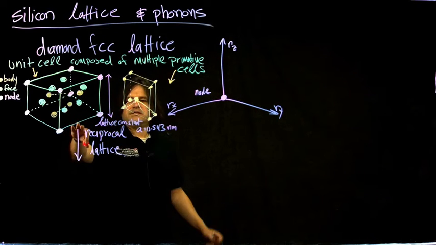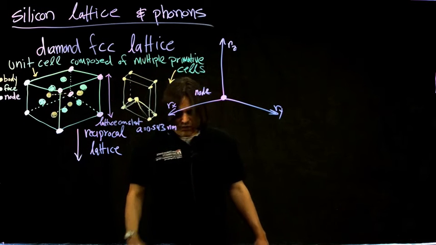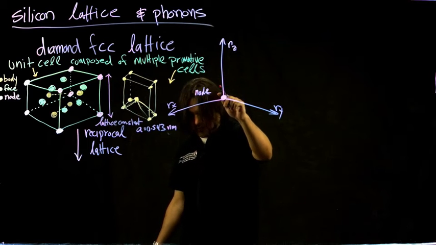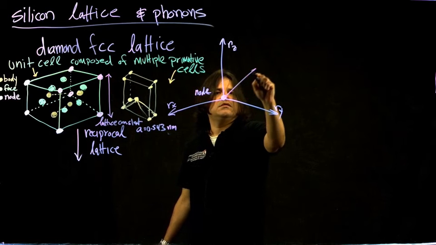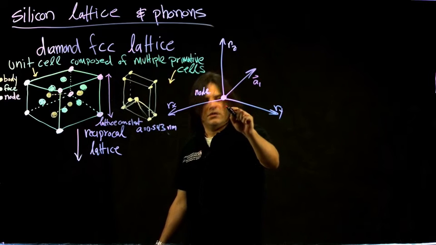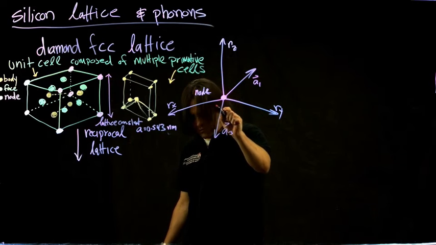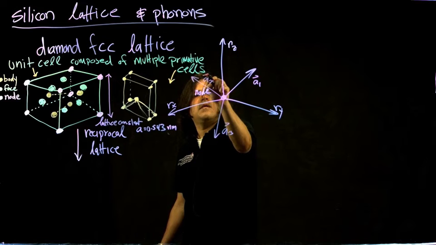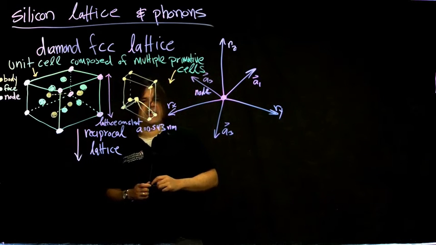Okay, and then this is oriented Z, X, Y, but then you can also have these lattice vectors corresponding to the unit cell. That would go like that. Call this A1. So that's in the actual real space.